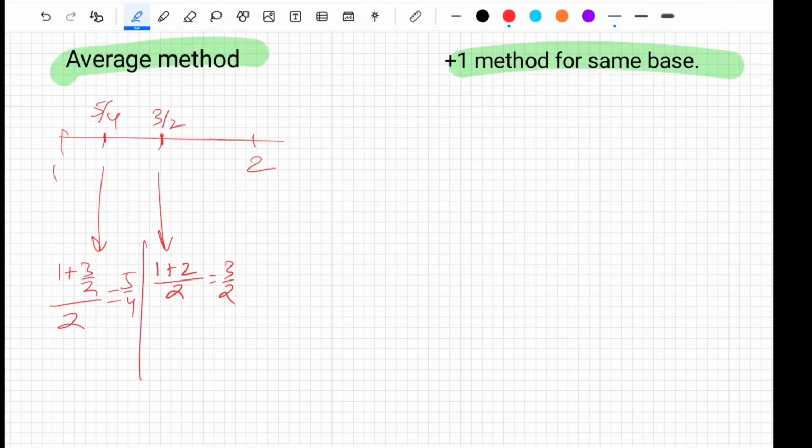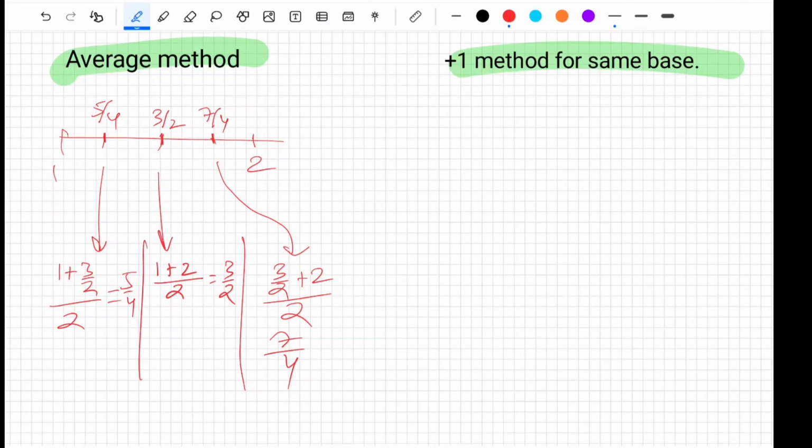What about the number here? Similarly, you will get this by averaging these numbers: 3 by 2 plus 2, divided by 2, it's 7 by 4. So here is the number 7 by 4.